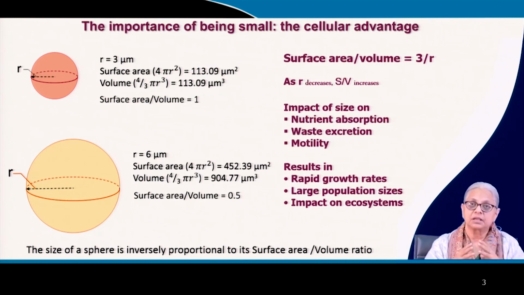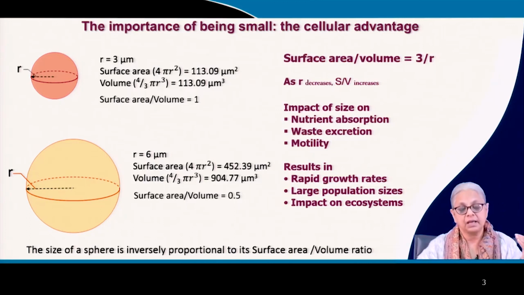So this surface area by volume ratio is crucial, and that is what determines the ability of the bacteria to get what it needs from the environment. So as the radius goes down, the surface area by volume ratio, which is also called specific surface area in engineering, will increase.